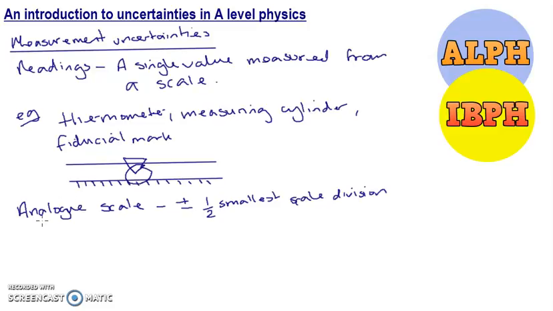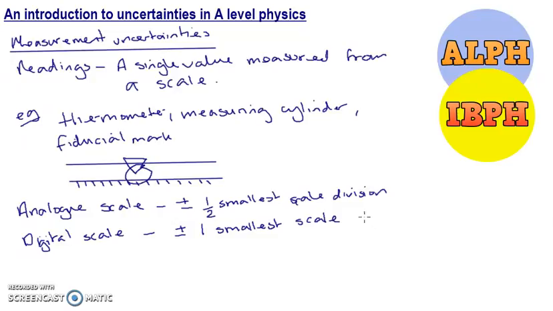If we've got a digital scale, then we're going to use plus or minus 1 of the smallest scale division. So we don't know whether or not our meter, or an ammeter or voltmeter or any kind of digital scale, we don't know if it's rounding up, we don't know if it's rounding down.